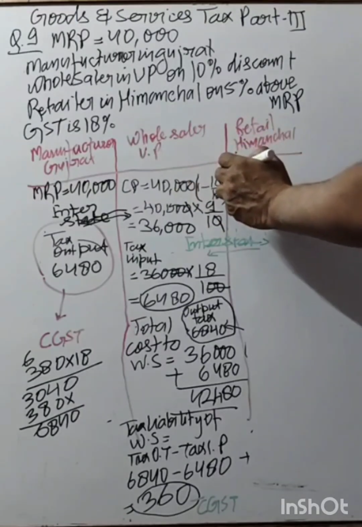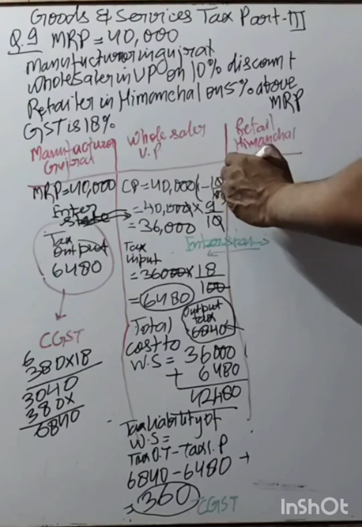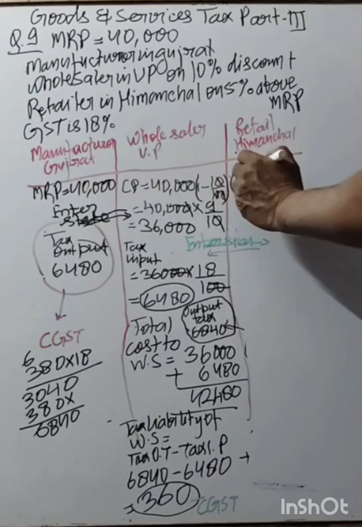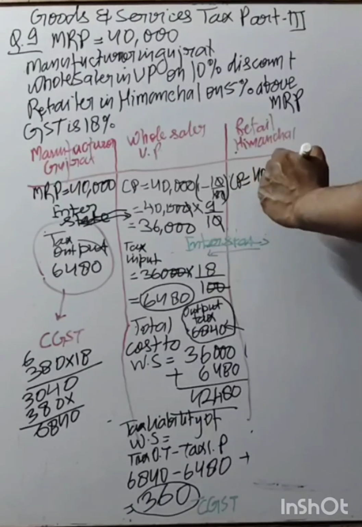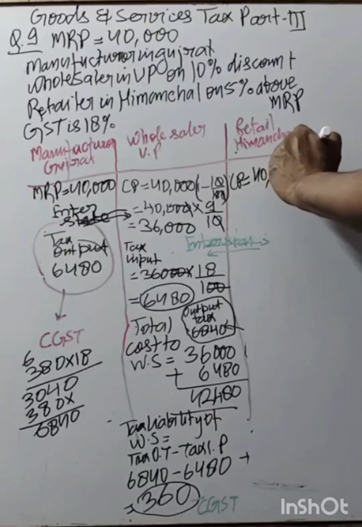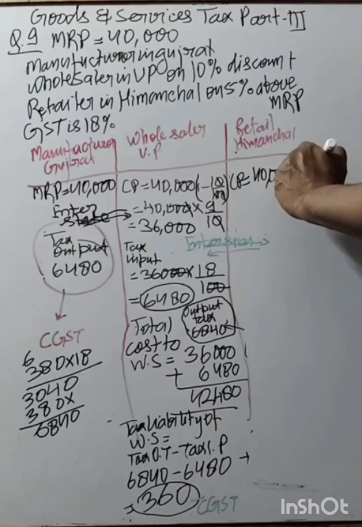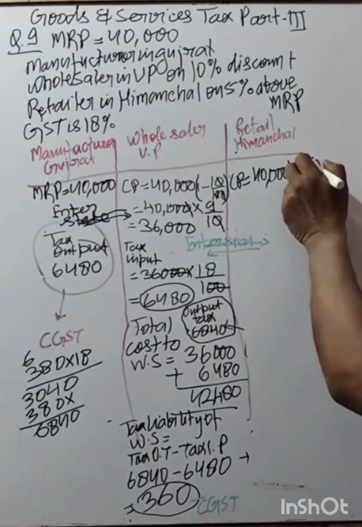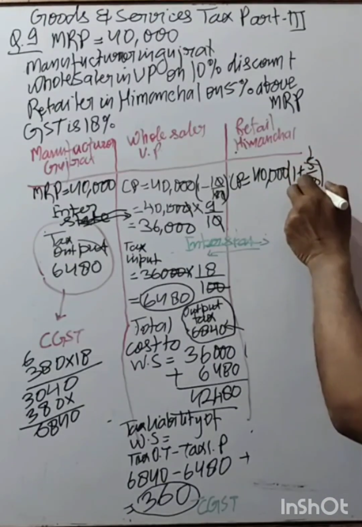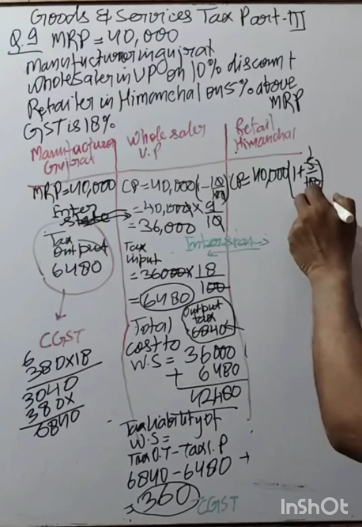So cost price is 40,000 bracket 1 plus 5 upon 100. Is this so? Now 2 times 5 becomes 10, 20.